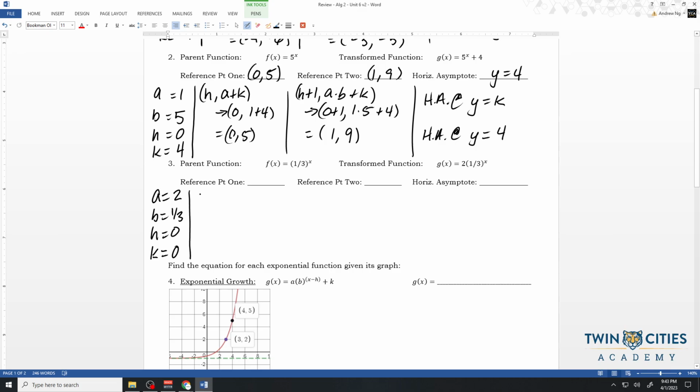Okay, so my first reference point is still going to be the same, h comma a plus k. Zero, and then a plus k is 2 plus 0. So this is 0, 2.